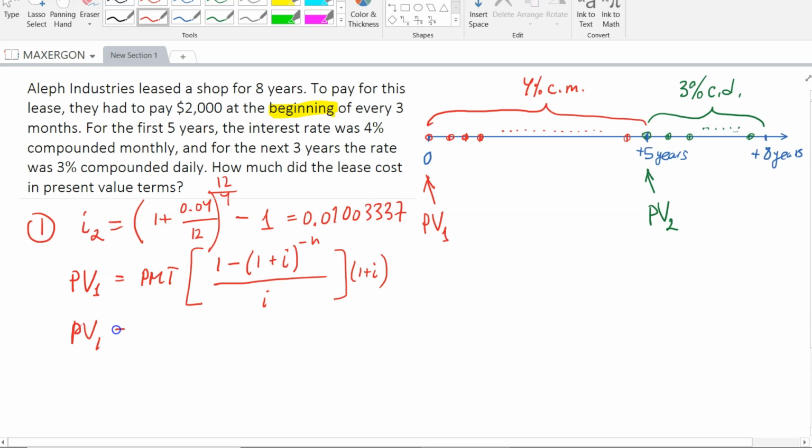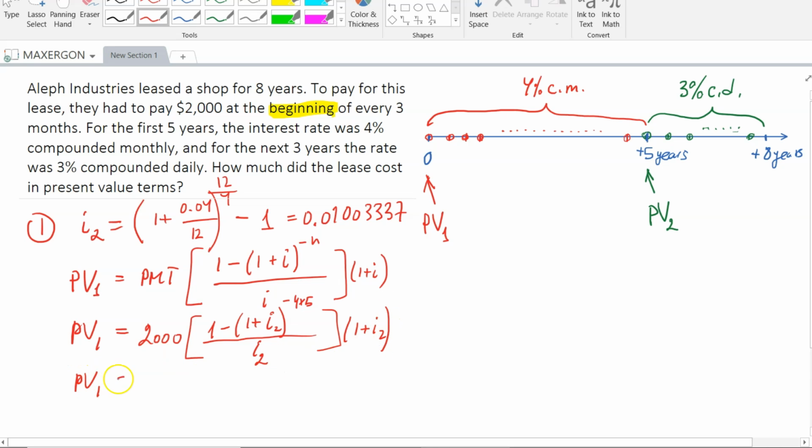Present value 1 is thus $2,000 multiplied by the fraction 1 minus 1 plus I2, which we already found here. We'll be using this I2 minus the total number of payments. So it's 4 multiplied by 5 years because the first annuity is active for 5 years, dividing by I2 and multiplied by 1 plus I2.